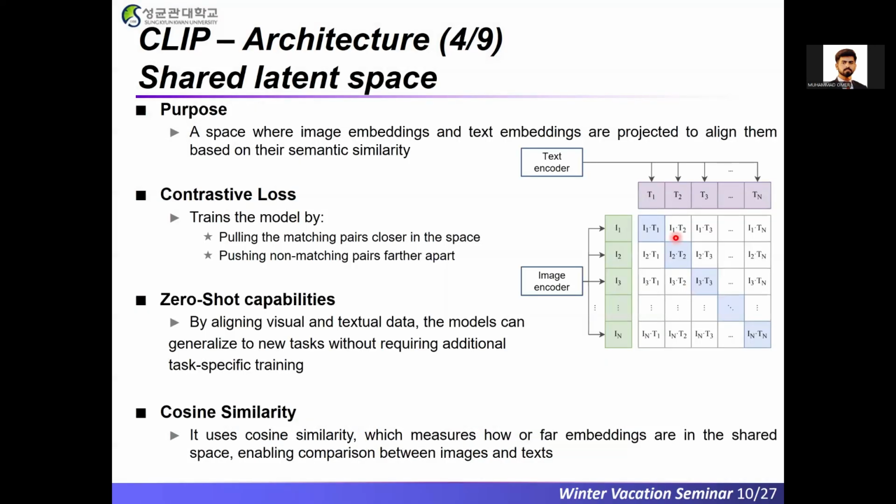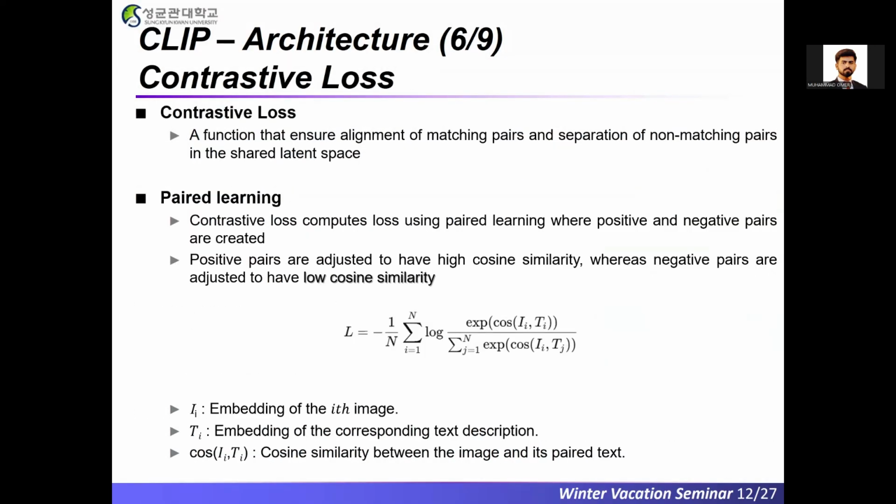So this embedding is shown in the numerator, whereas in the denominator, we have all the remaining embeddings that we want to separate apart. So it means that if we have a bigger amount in the denominator, then our loss will be smaller. It means that our values are still close to each other. But if we have a bigger numerator, then our loss will be bigger. So in this way, the contrastive loss actually trains the model by using cosine similarity.